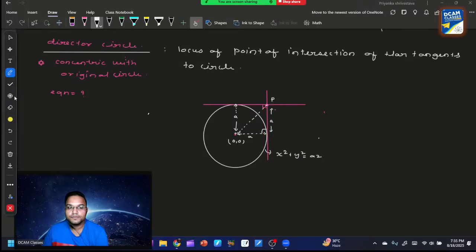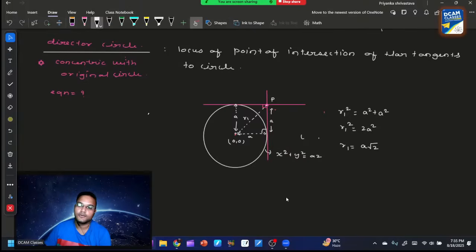Now, using this, you can find out the radius: r1 square is equal to a square plus a square. r1 square is equal to 2a square. r1 is equal to a root 2.